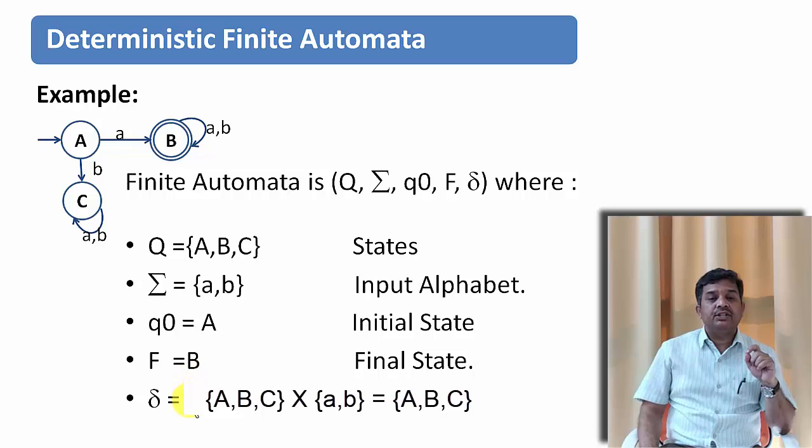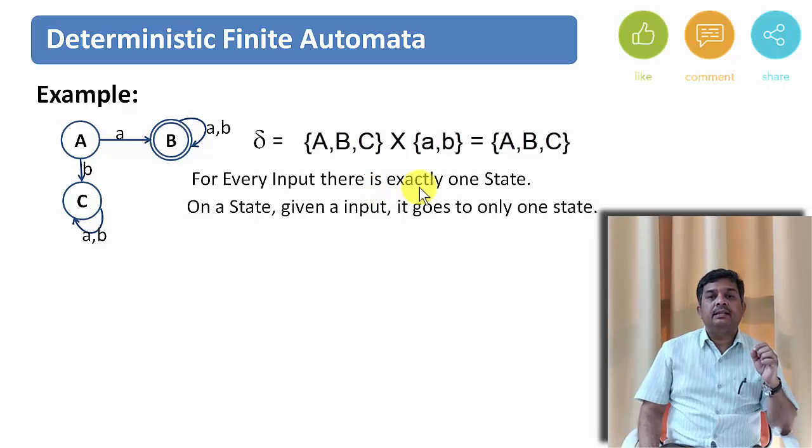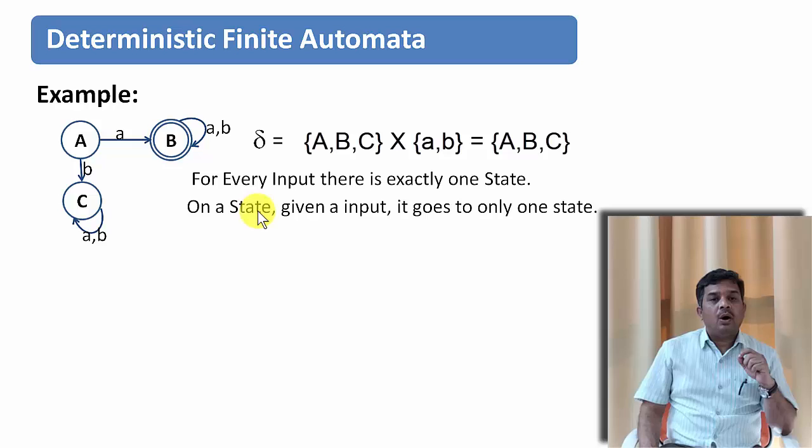Delta is the Cartesian product of Q into sigma, that is ABC into ab. Now you can see here, for every input there is exactly one state in the output. So on a state, given an input, it goes to exactly one state.